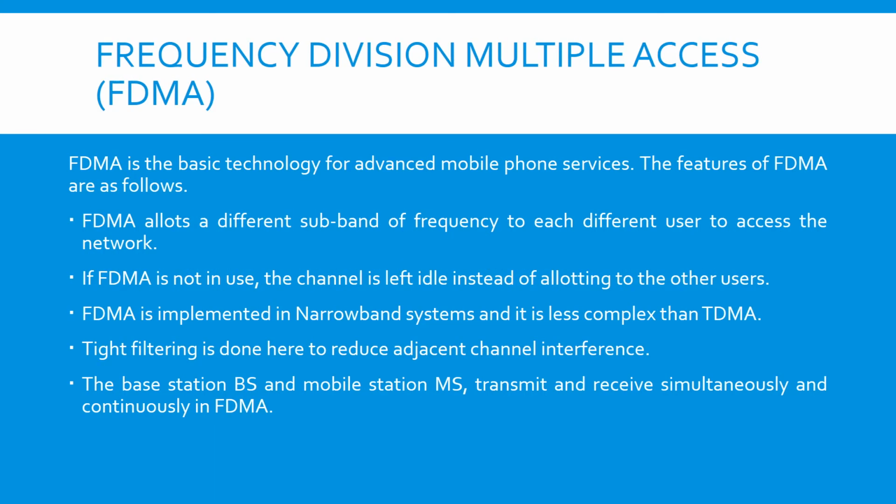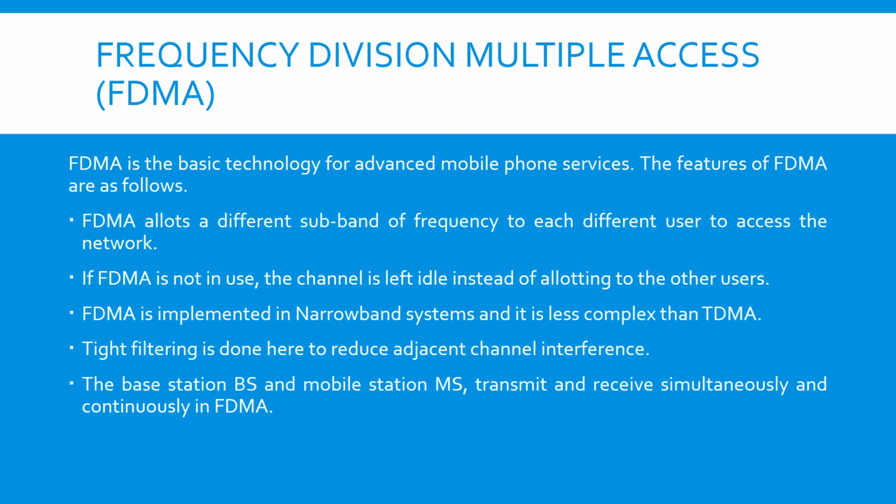Now what is frequency division multiple access? Frequency division is the most basic technology which is used. It is also known as FDMA. It allots a different subband of frequency to each different user to access the network. That means it allocates different frequencies to different types of user.